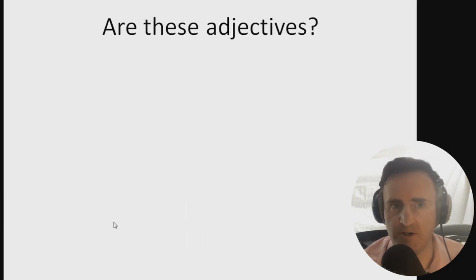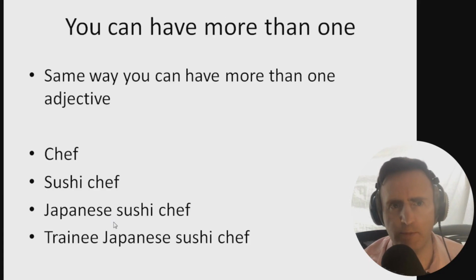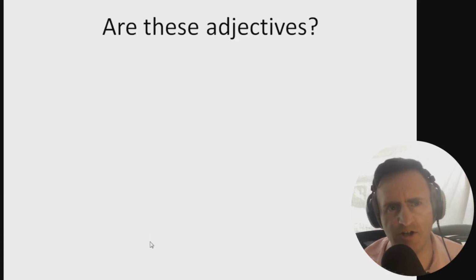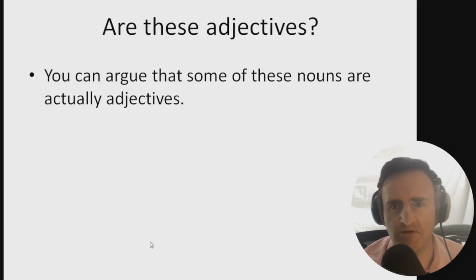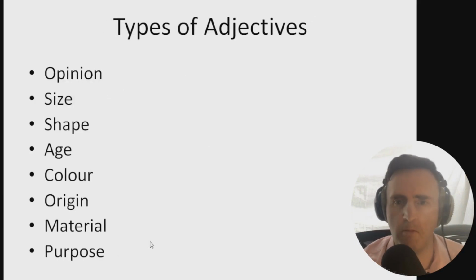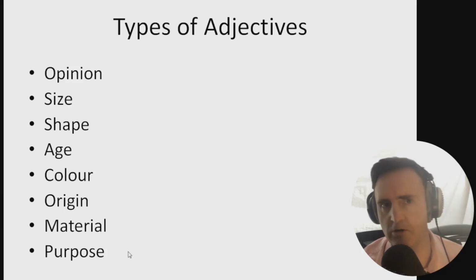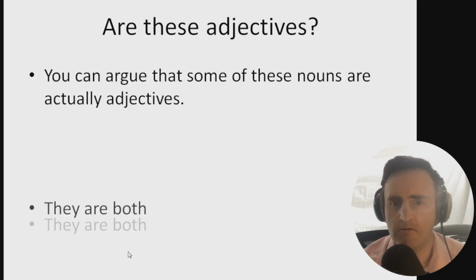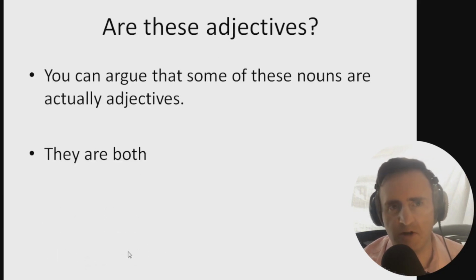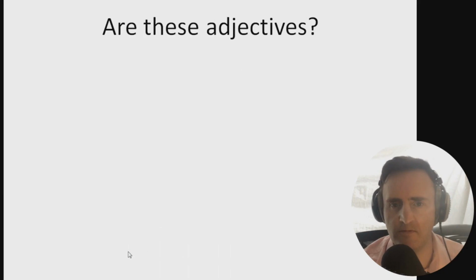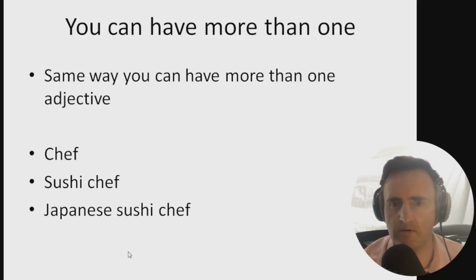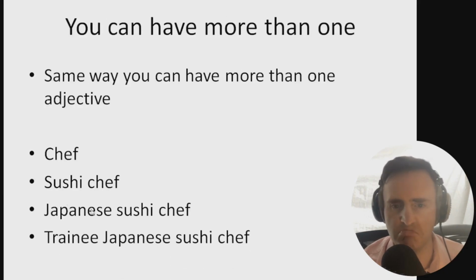Now, a big question you're going to ask is, but are these not adjectives? And you can argue some of them are. So if you remember, adjectives can describe opinion, shape, size, colour, origin, material, purpose. And some of the examples might be, so if we go back, is Japanese not an origin?